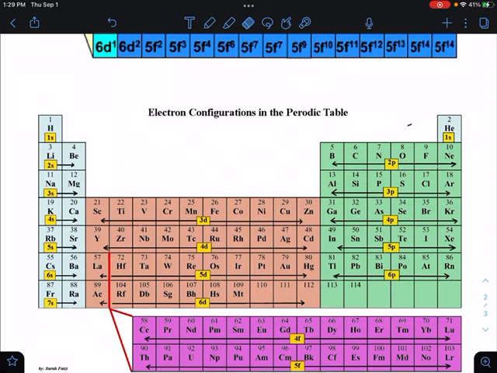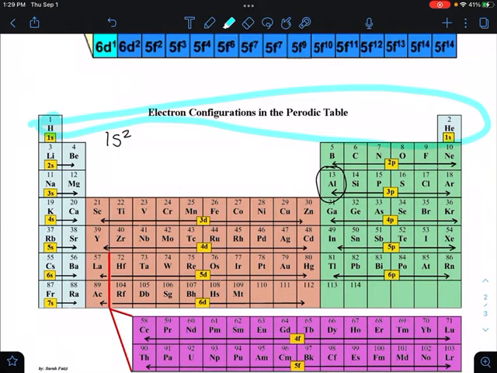Let's do aluminum. So I'm just gonna fill up all my shells first. I need 13 electrons. So 1s2 accounts for this entire top row right here. Then I go to the second row. I see the second row is completely filled because I'm not here yet.